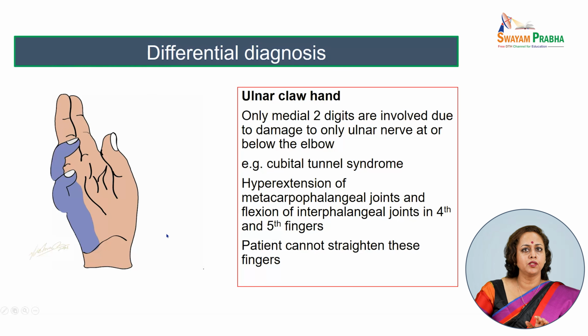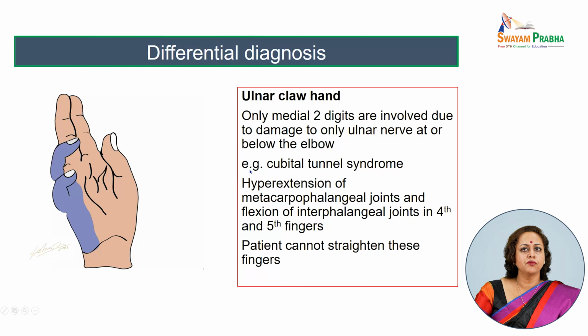Here, if you look in this picture, can you see the thumb, index and middle finger are absolutely normal, but the pathology lies in the functioning of the ring finger and the little finger. This is because of compression of only the ulnar nerve. Only the ulnar nerve supplies the medialmost part of the hand, including the medial parts of the intrinsic muscles of the hand, like the medial two lumbricals and the medial two interossei, both dorsal as well as ventral.